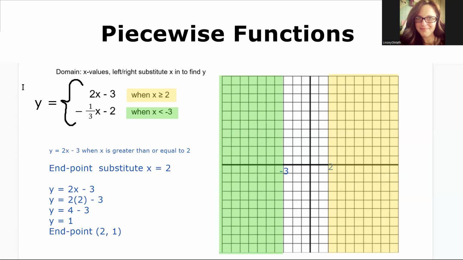Since we have greater than or equal to, we'll use a closed circle to graph this line. 2 up 1. Here is our end point, (2, 1).